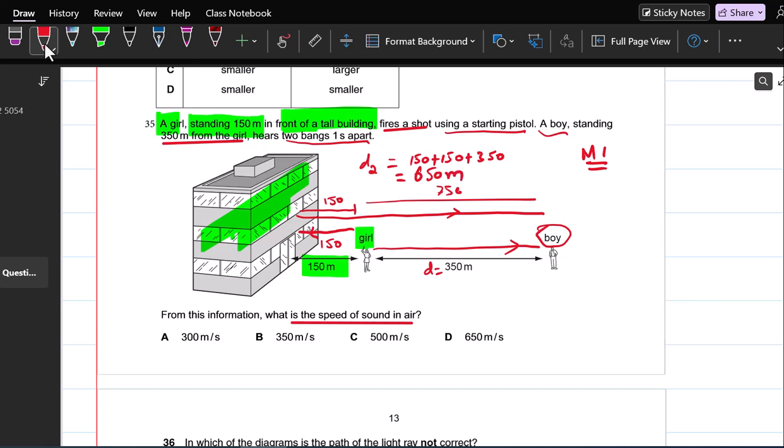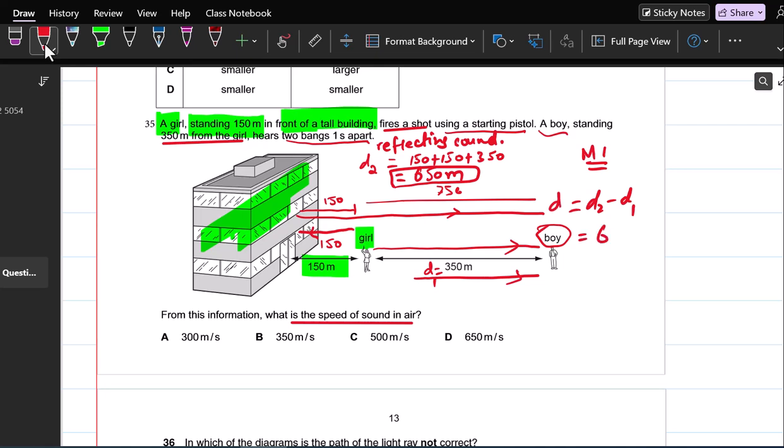This is the distance of the reflecting sound, the sound reflected from the building. The reflected sound is covering a 650-meter distance. And the distance covered by sound in the straight way is 350 meter. So we can take the difference of these two. D2 minus D1 is equal to the distance.